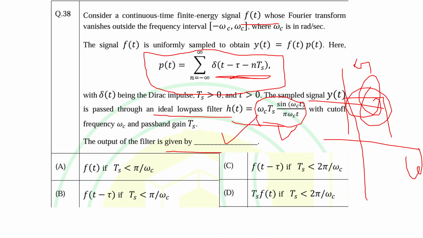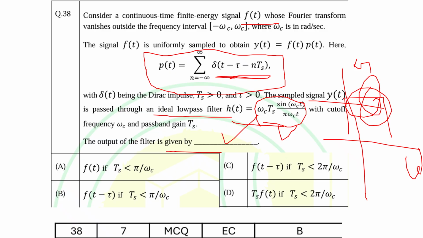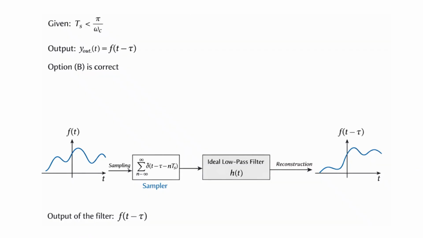So here, as per your answer key, answer B is correct, meaning f of t minus tau must hold if Ts is less than pi by omega c. How is it? Let's see. Already given, Ts is less than pi by omega c, and the output will be f of t minus tau, exactly as the pulse train. So how exactly will it be?